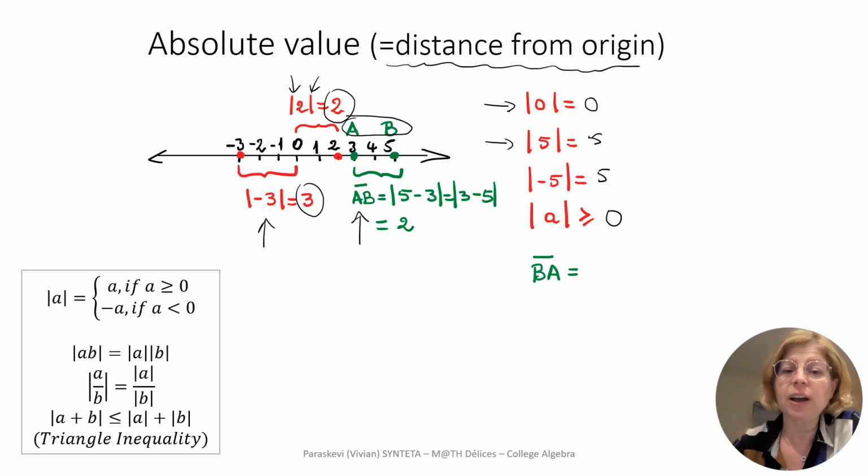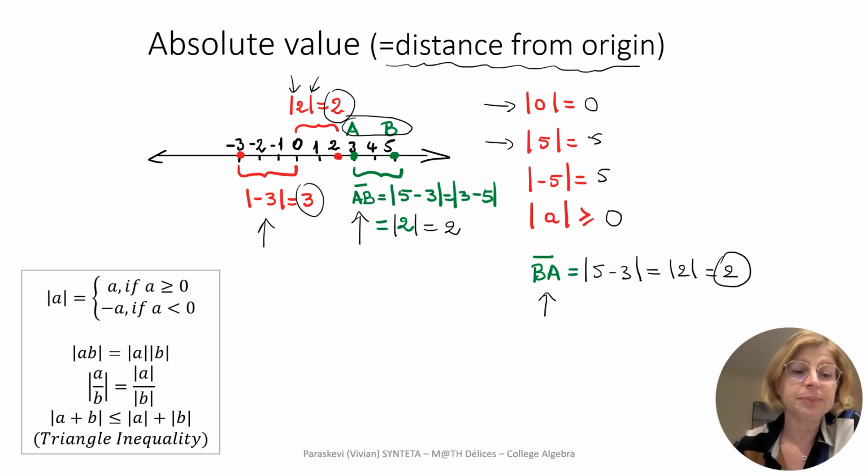So the absolute value of 5 minus 3, we do first the operation inside, so it's the absolute value of 2, which is 2 eventually. And of course, you can imagine that if we want to calculate the opposite, BA, it would be exactly the same. So 5 minus 3 or 3 minus 5, the absolute value of 2 will be 2. It will be exactly the same.